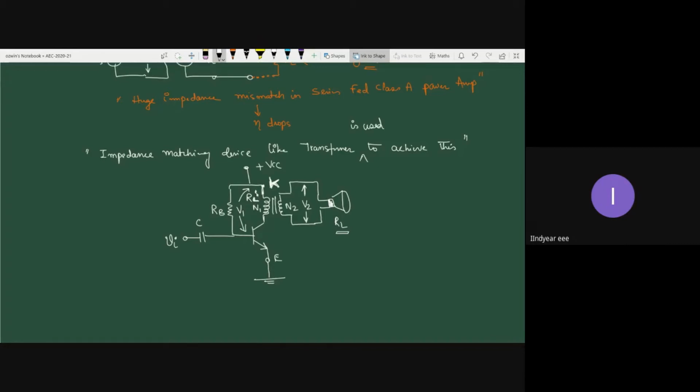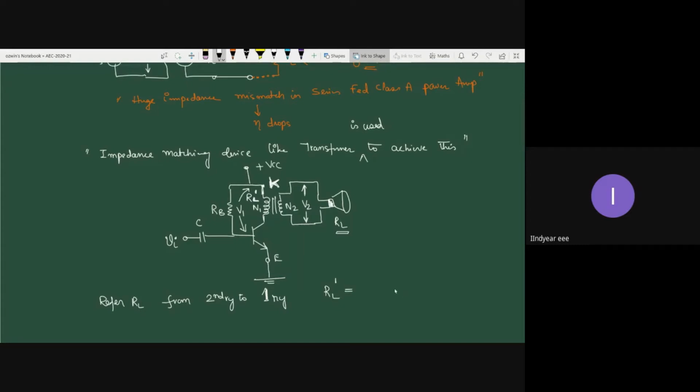That referred value, let's take it as RL dash. Now, have you studied referring impedances from secondary to primary and vice versa in transformers and generators? Can anyone tell me? Yes, sir. Okay, then I can skip that. So whenever you refer RL from secondary to primary, we write it as RL dash.